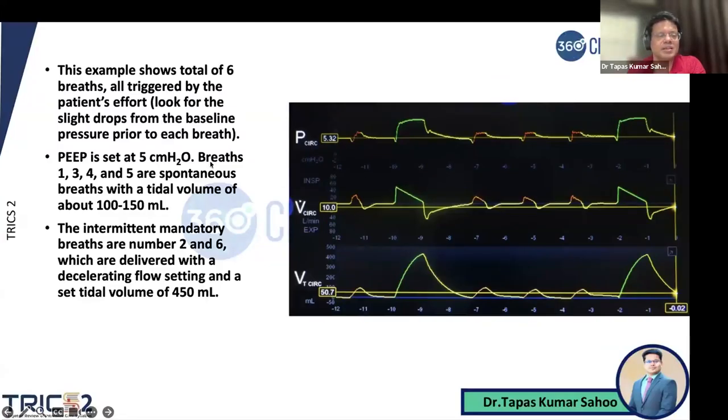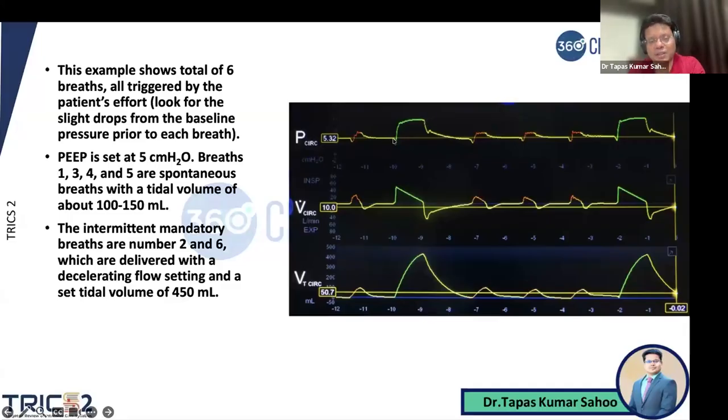Now, you can see breaths 1, 3, 4, and 5. They are spontaneous breaths because the patient is able to take the breath with a tidal volume of around 100 to 150 ml. It is less. But number 2 and number 6 are intermittent mandatory breaths which are delivered with a decelerating flow setting and set tidal volume of 450 ml.